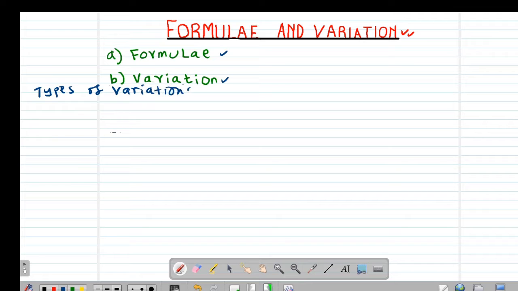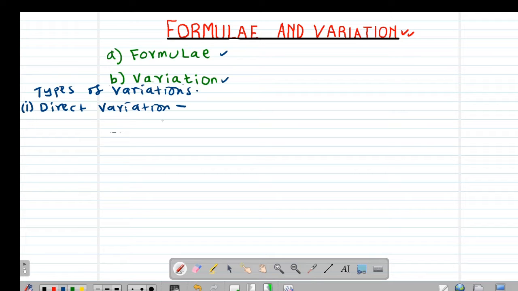The first type of variation is what we call direct variation. What do we mean by direct variation?